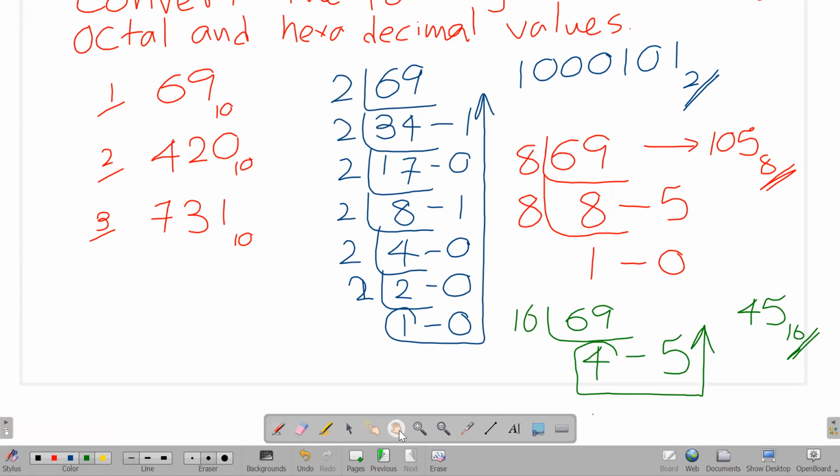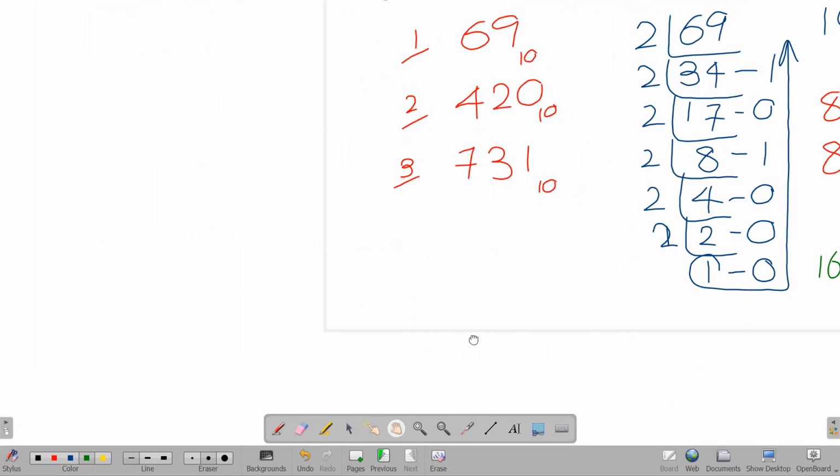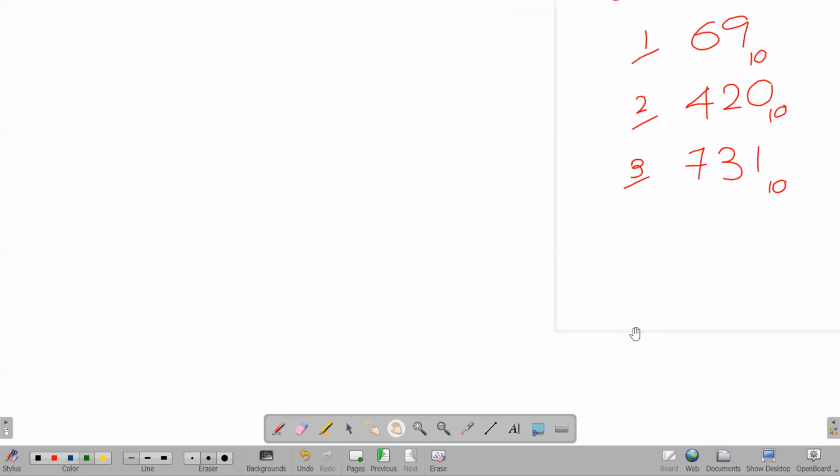Right, so I'm going to do 420 over here. Just check whether you got that correct as well. So let's go with 420. 420 by 2, it's going to be 210.